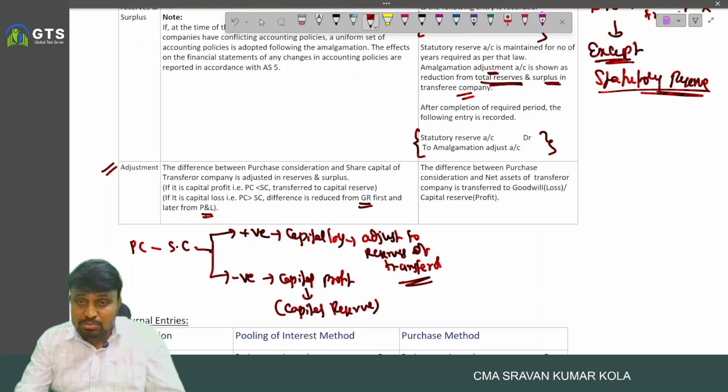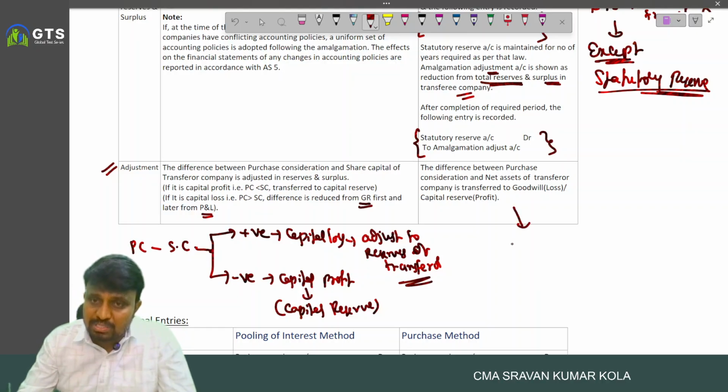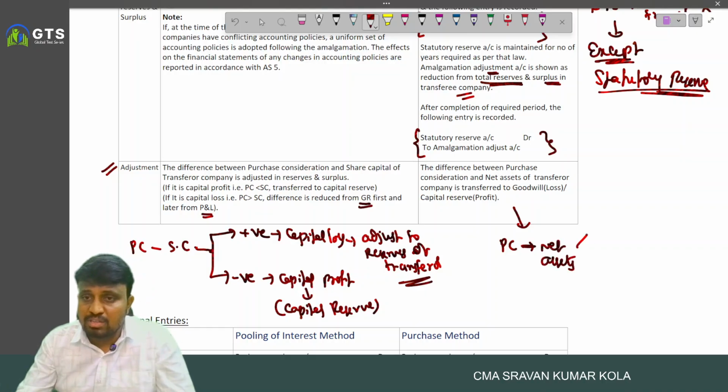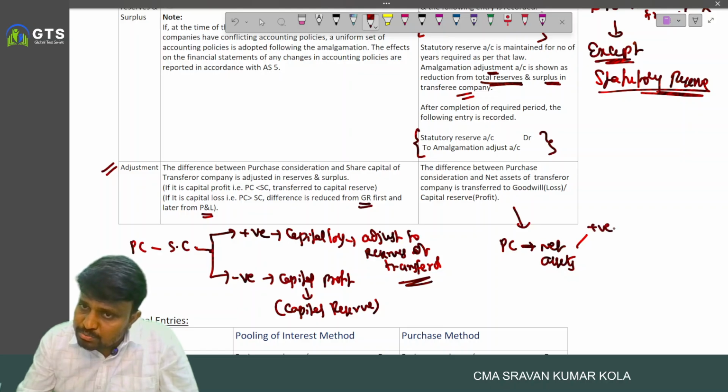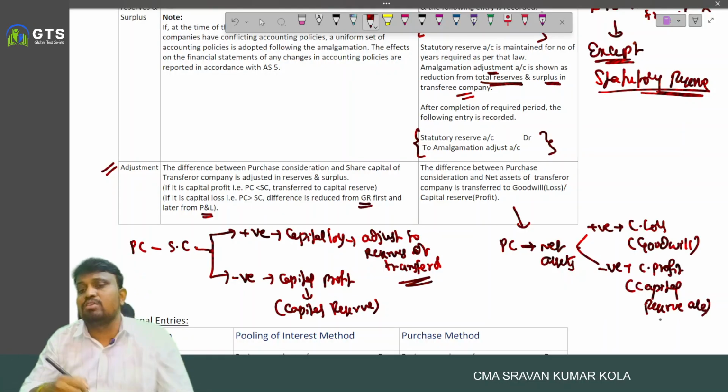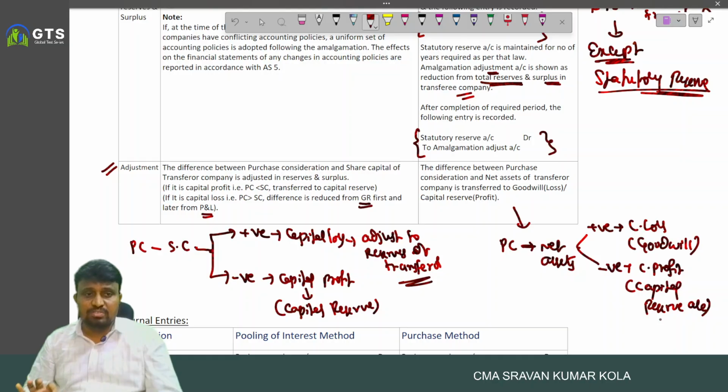But coming to the purchase method, the PC is compared with the net assets of the transferor. If it is positive, in the same way it is a capital loss and is transferred to goodwill. But if it is negative, in the same way that is a capital profit and is transferred to capital reserve account.